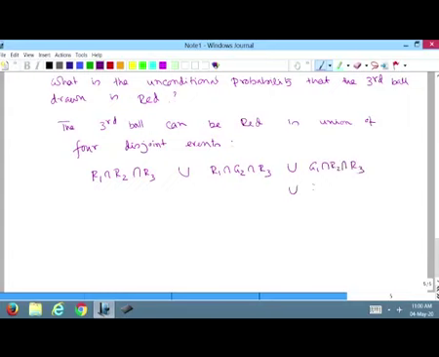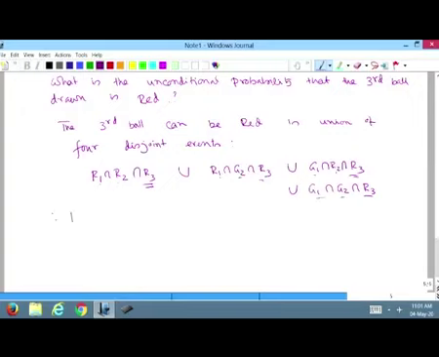Union, first one is green, second one is green, and third one is red. This is because this event can happen if the previous two draws are either red red, red green, green red and green green.